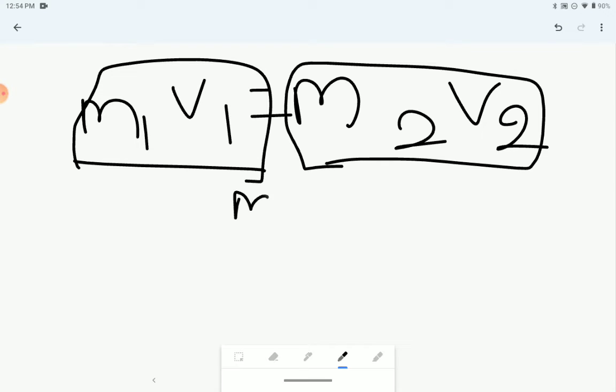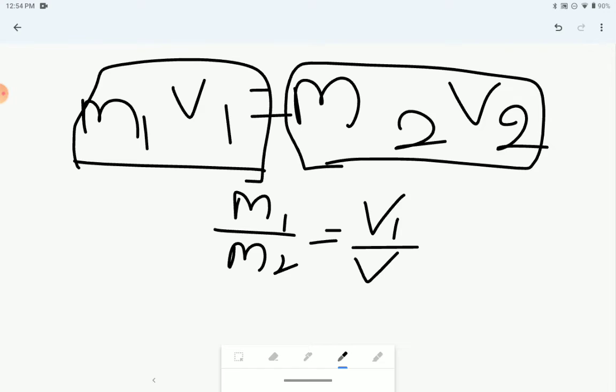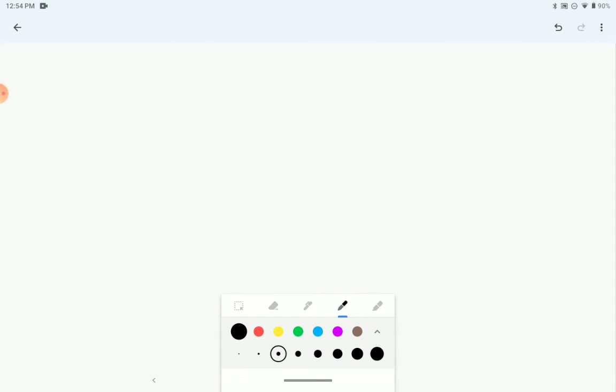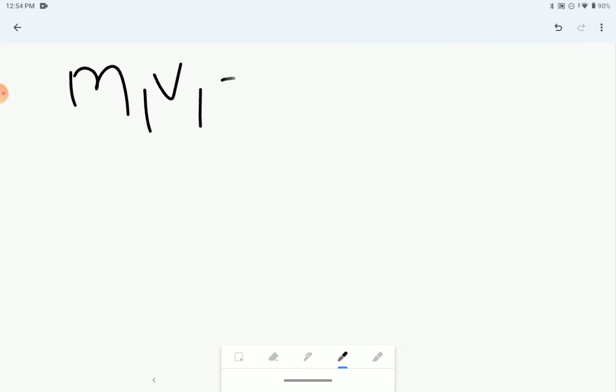To say it clearly, the ratio of their masses and volumes will be equal. I hope everybody understood this. This is the thing we needed in this problem, so I have explained the concept in depth: m1 v1 is equal to m2 v2, right?